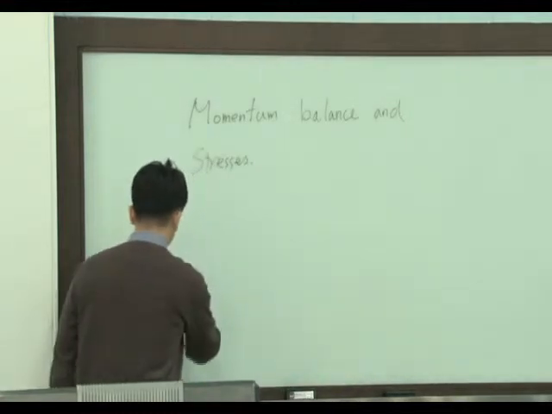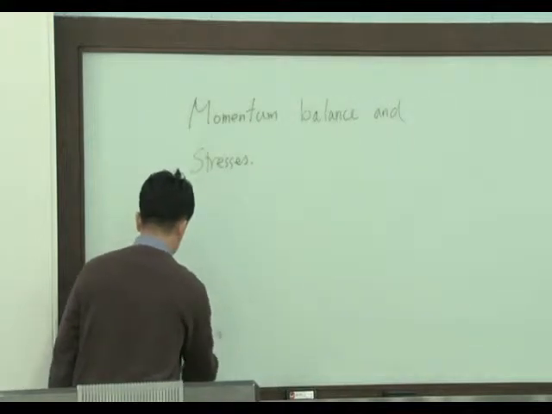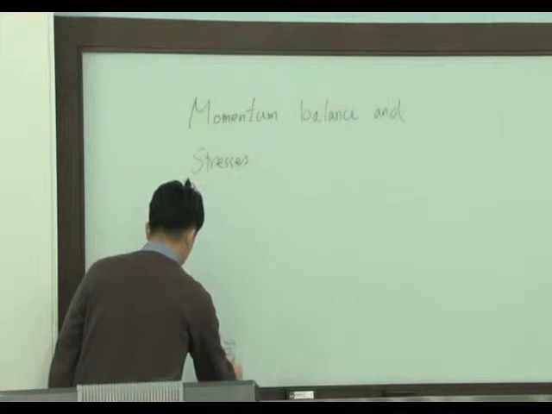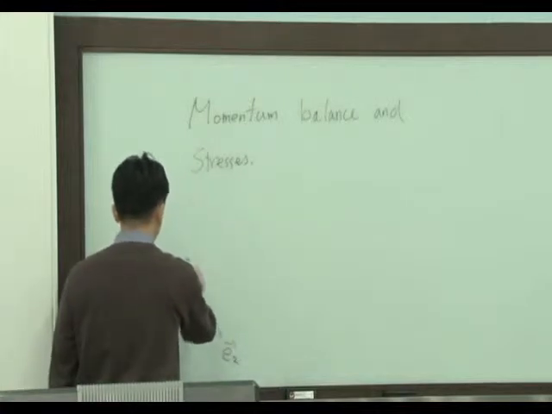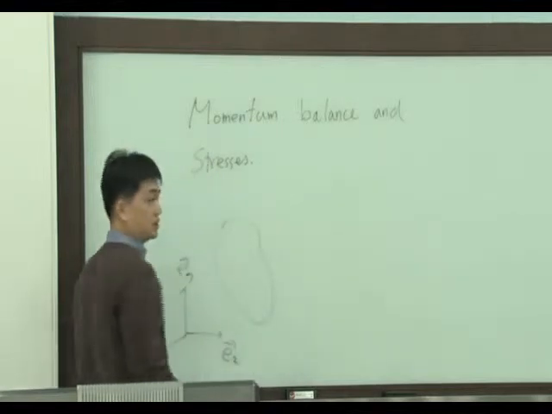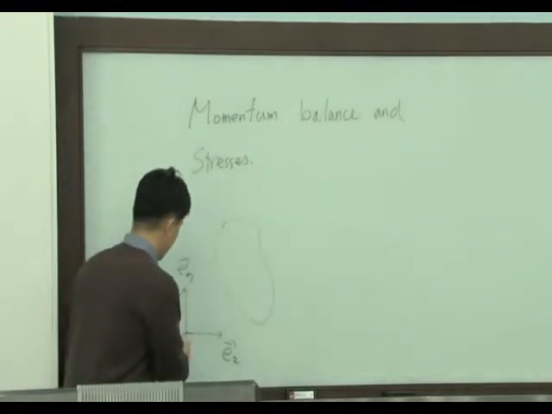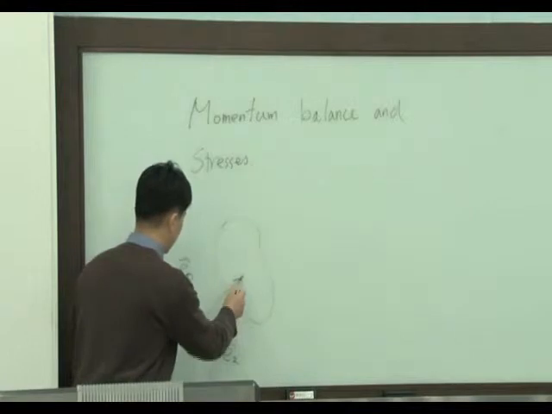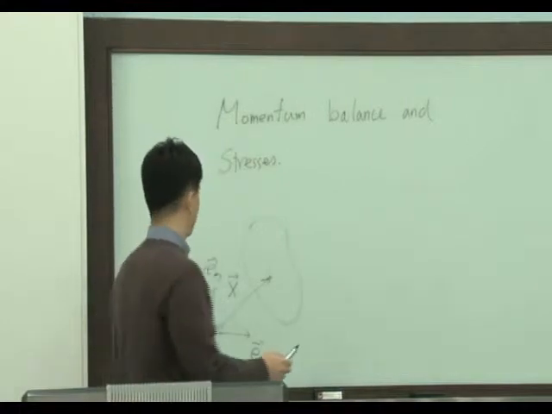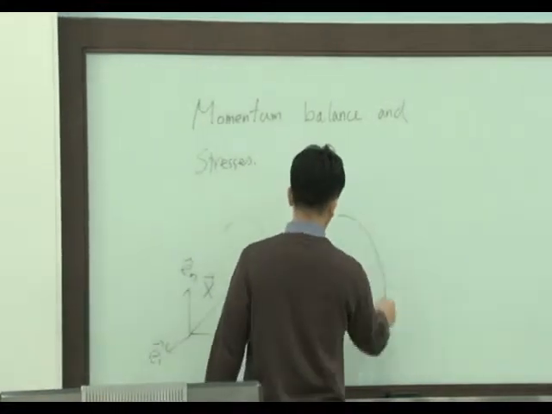Okay, so let's draw the coordinate system again, defined by 3 base vectors E1, E2, E3. And here we have an initial configuration. Initial body defined by initial material vector, large X. And this will deform.